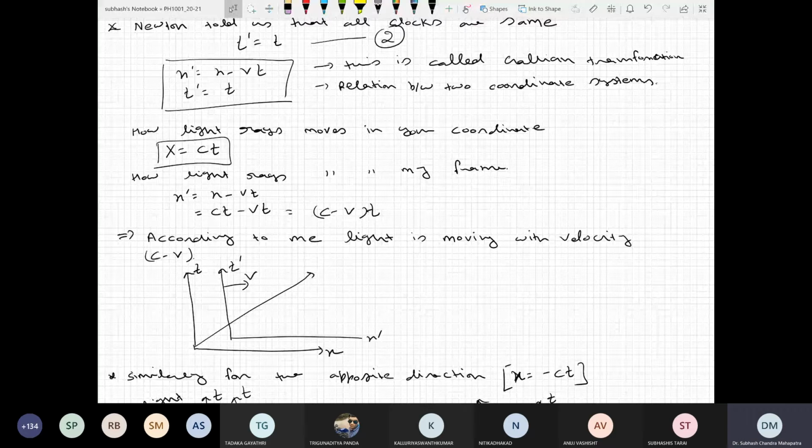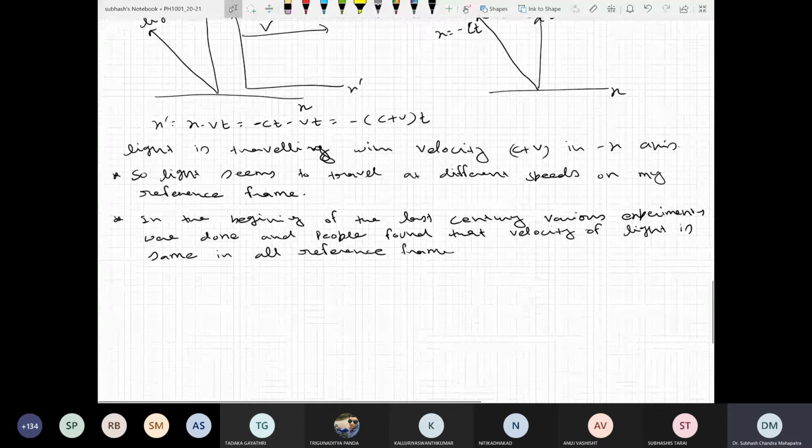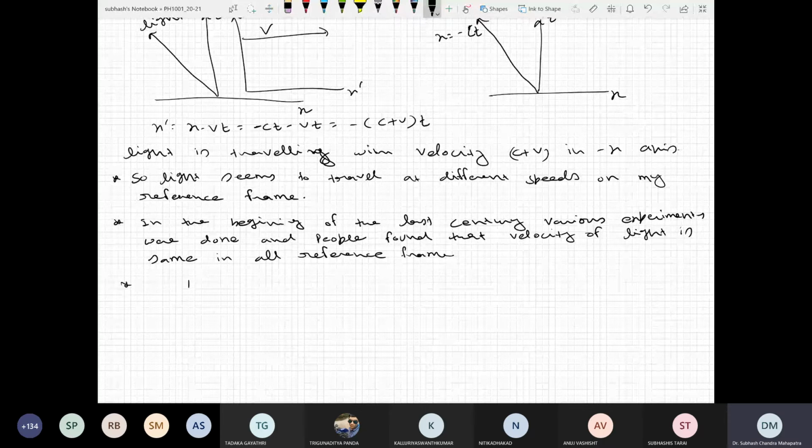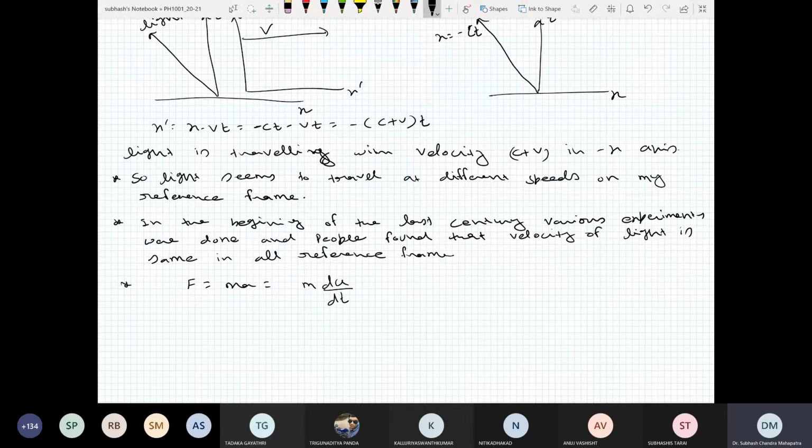So for example, what is Newtonian physics? F is equal to ma, right? What is a? a is the acceleration of an object, du by dt.